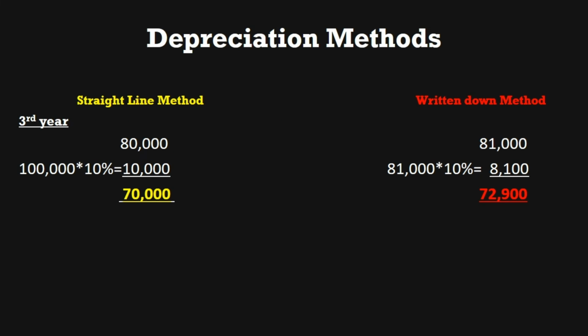See here, the straight line method, third year: 80,000.